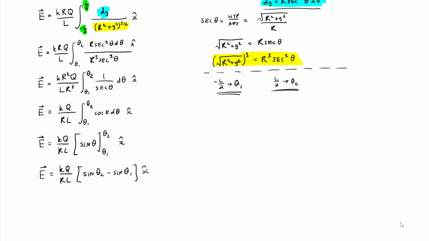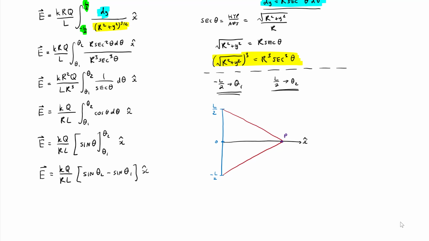So now let's take a look at theta 1 and theta 2. If I take a look at the drawing from before, we had our length L. This was 0, this was positive L over 2, and this was negative L over 2. And we had our x-axis here. And that also means that at a point P, we have theta 1 and theta 2.